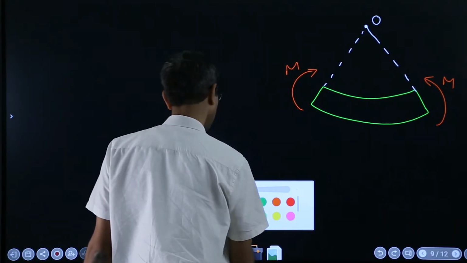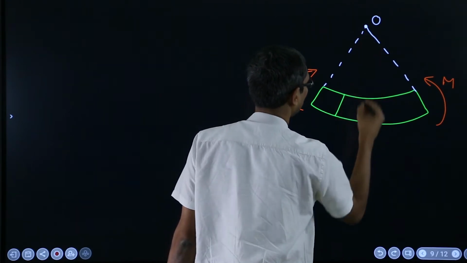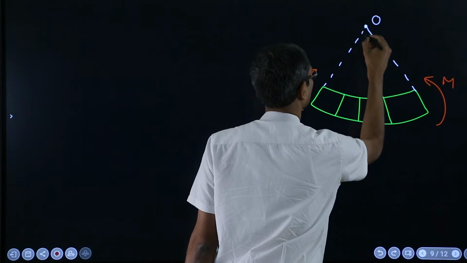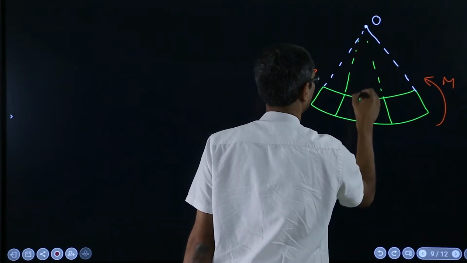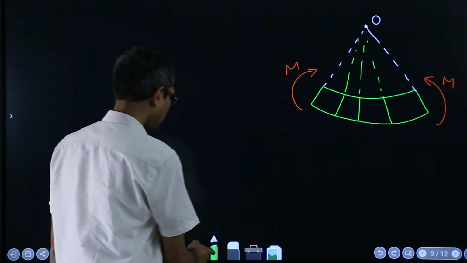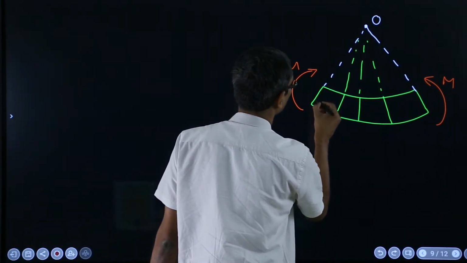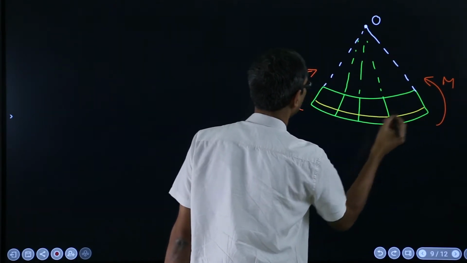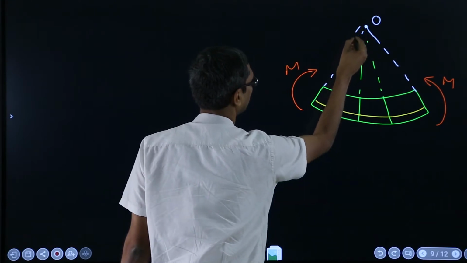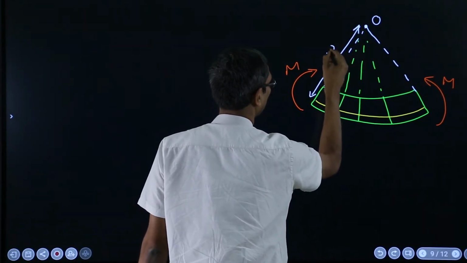In fact, all the sections of the beam were pointing towards that, right? So if you join them, they will go and meet there. Anyways, we are now trying to find this. Suppose here is the neutral axis, and we are trying to find out what this rho is.